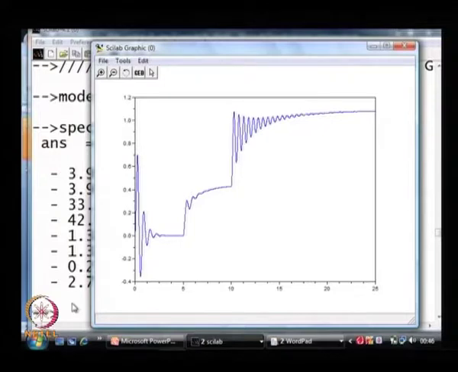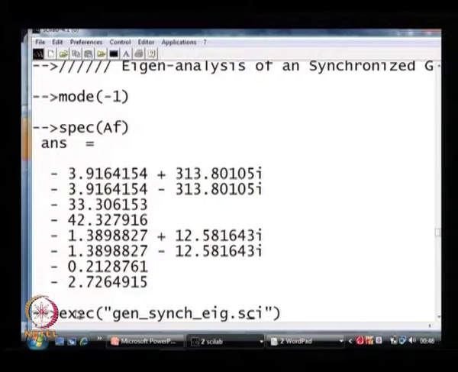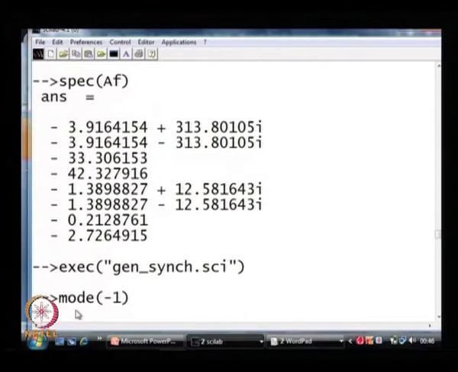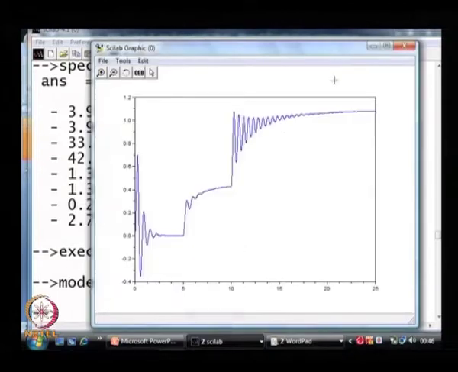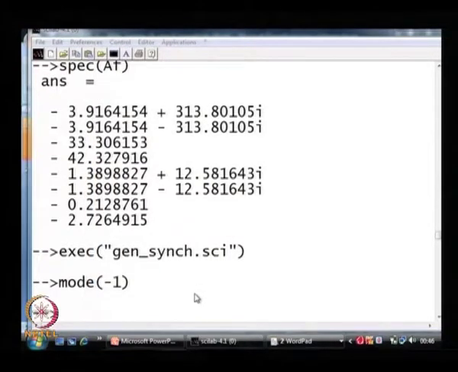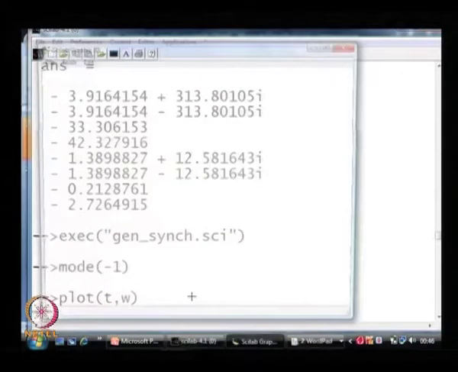Of course, we can also see this in omega, the simulation of omega. So, I will just remove this and plot omega. Yeah.